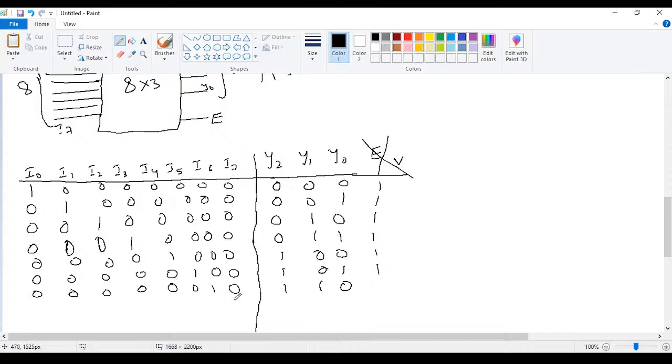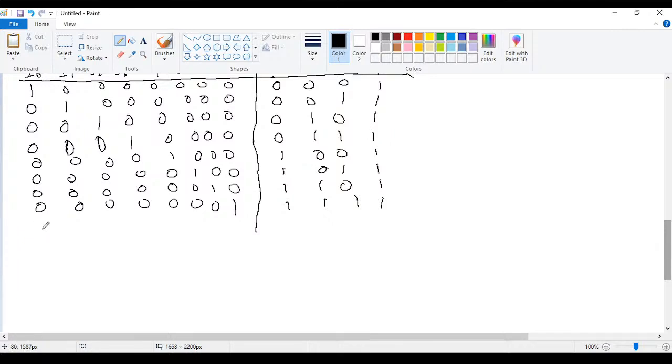Okay, now I7 equal to 1, that means all three ones, 1 1 1. So this is what you can see here, right? Let us take a small example: if I am having two ones here, this kind of condition, we can get the output, but it is not valid.